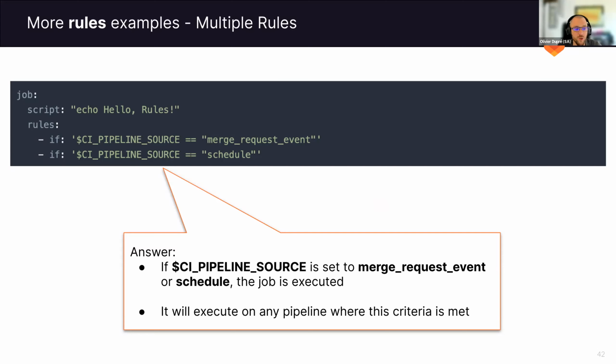So these are the only two rules that I have, and the default will be false, meaning that if none of my rules are okay, then the job will not be executed. So I will execute only if any of the rules is true.